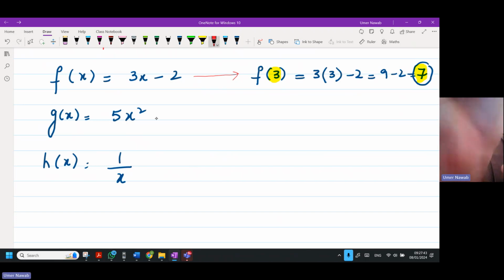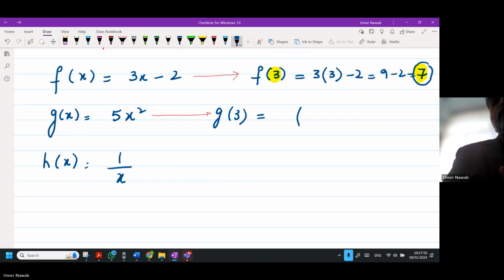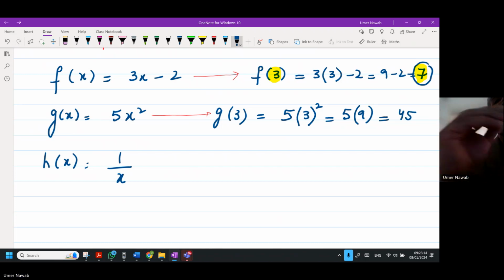Suppose I want to find g of 3. Now my rule is different for the g function. What is the rule? I have to take the square of my input and then multiply by 5. What is 3 squared? 3 squared is 3 times 3, which is 9, and 5 times 9 is 45.